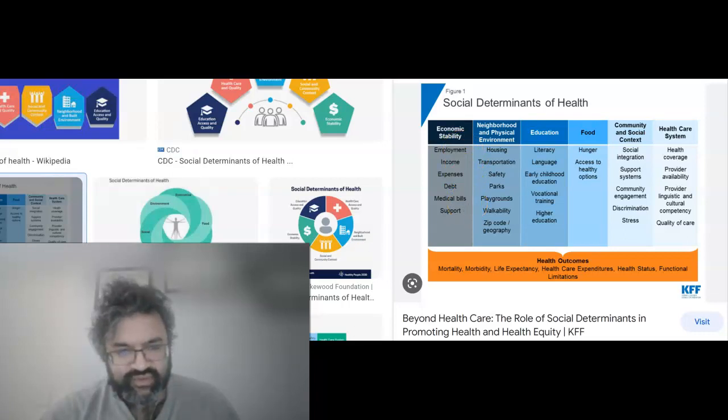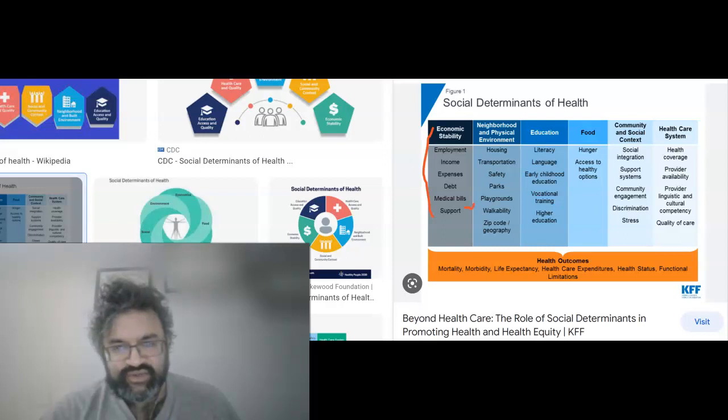So economic stability. So over here, economic stability, that's something that is oftentimes confused, but employment, income, expenses, debt, medical bills, support.